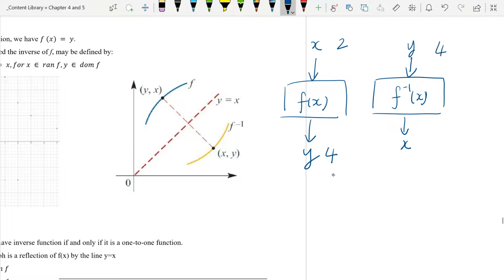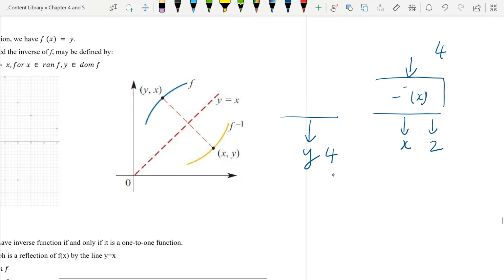Now you take the 4, put it into the inverse function, and you will get 2 out. You do the reverse: you put the y value in, you get the x value. For the original, you put the x in, you get a y. And if you take the y and put it into the inverse, it calculates the x you originally put in. That's how inverse function works.